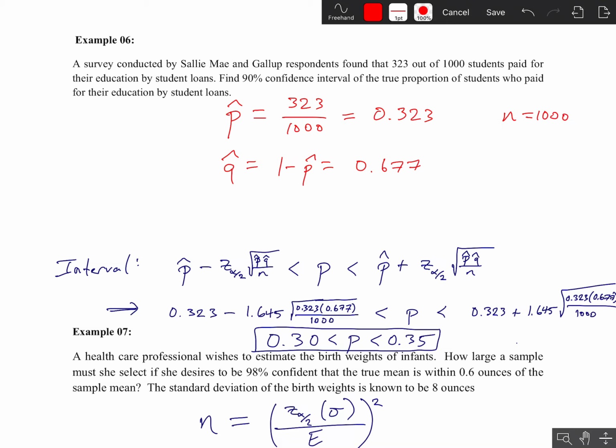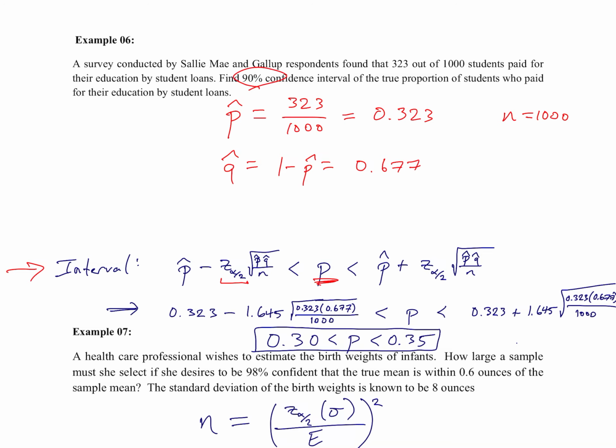And then there's one other thing that we're going to need in our formula. So notice that down here, if you wanted to start tackling the confidence interval, the only missing thing that we have in this formula is, in order to estimate this population proportion, we need to know this z-score, z sub alpha over 2. And in this case, that alpha over 2 is going to come from this 90% confidence interval.